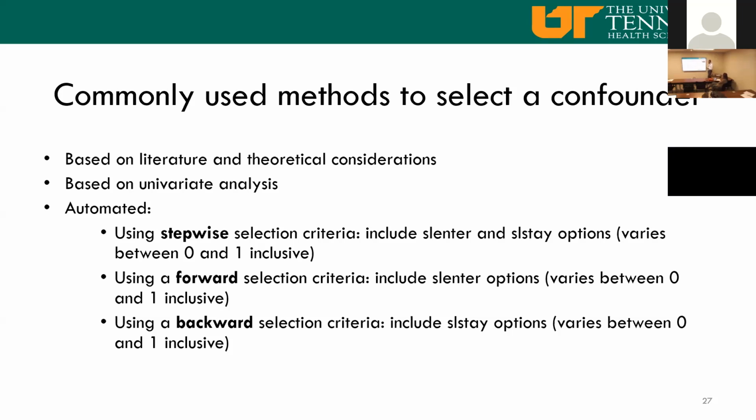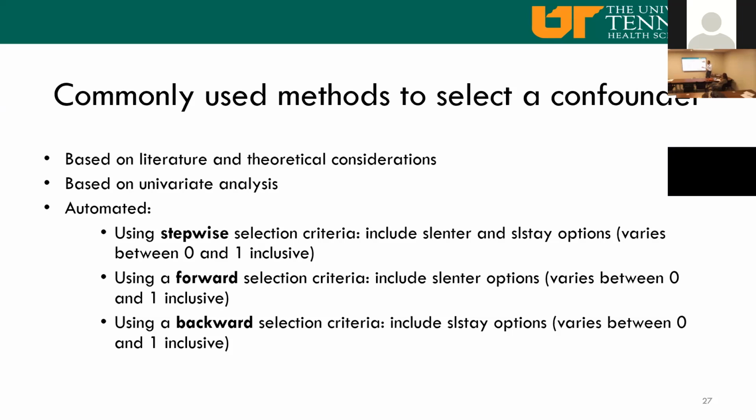So some use 0.1 as SLENTER or SLSTAY, some use 0.5, it all depends. And the other one is using a forward selection criteria. This means you select a variable that meets a given SLENTER, which is again between 0 and 1. And once the variable enters into the model, you keep it, you don't remove it. So you just need SLENTER.